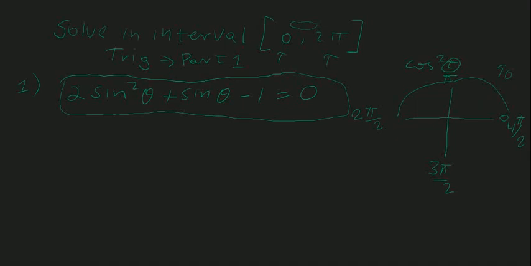So from here to here is a 90, and then from here to here another 90.